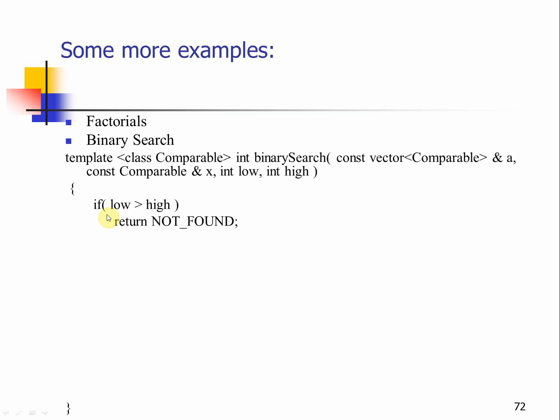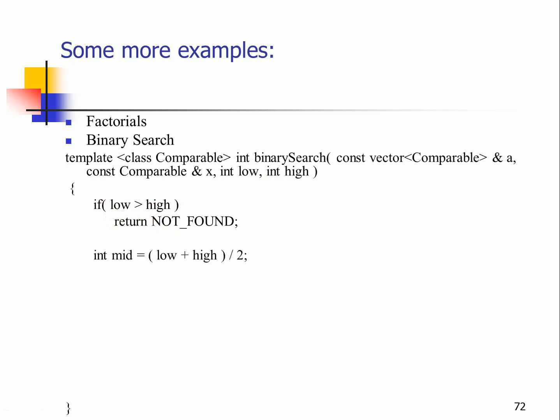So as long as low is greater than high, this is using the same idea. When low is greater than high, something is wrong, indicating the value is not there, compared with the previous version of the code. Low always needs to be less than or equal to the high index.